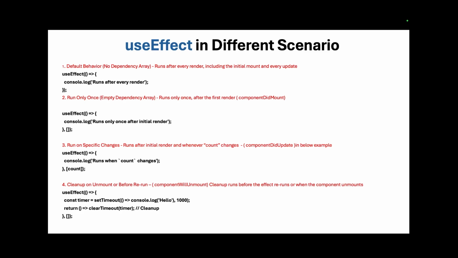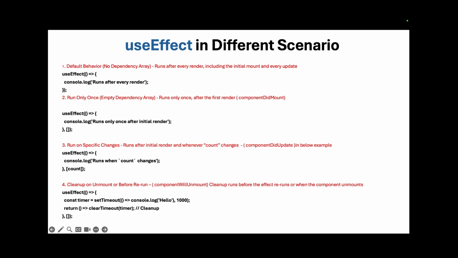So here we have passed the count in the dependency array. As soon as the count value changes, this function gets called. And the last one is cleanup on unmount or before rerun. It works as componentWillUnmount. It cleans up, running before the effect reruns or when the component unmounts.